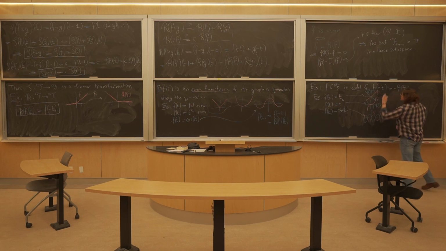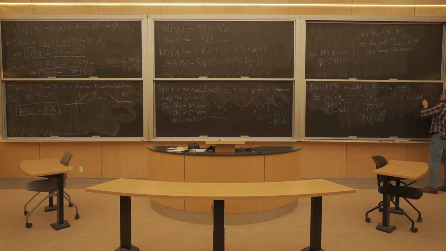And just as I did over there, I can say this. F is odd is equivalent to saying that it's in the kernel of r plus identity this time.